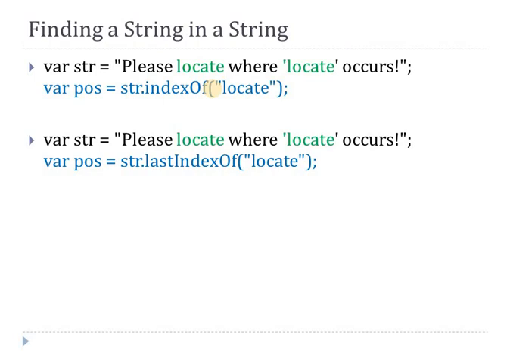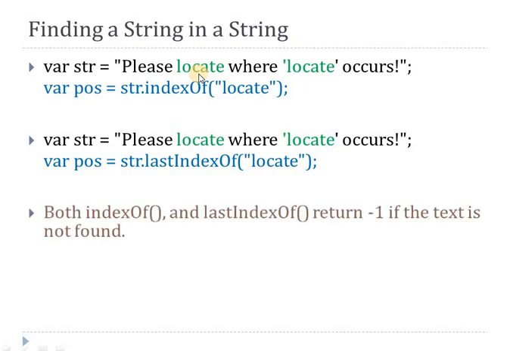For example, over here locate is at 2 places. So this will return the last locate word's position, while indexOf will locate the very first match of that argument. Both methods return -1 if the text is not found.